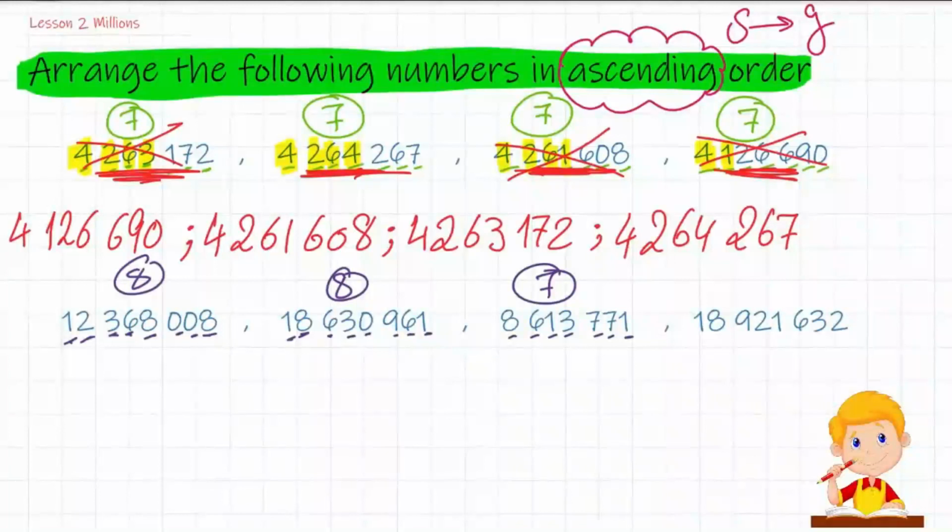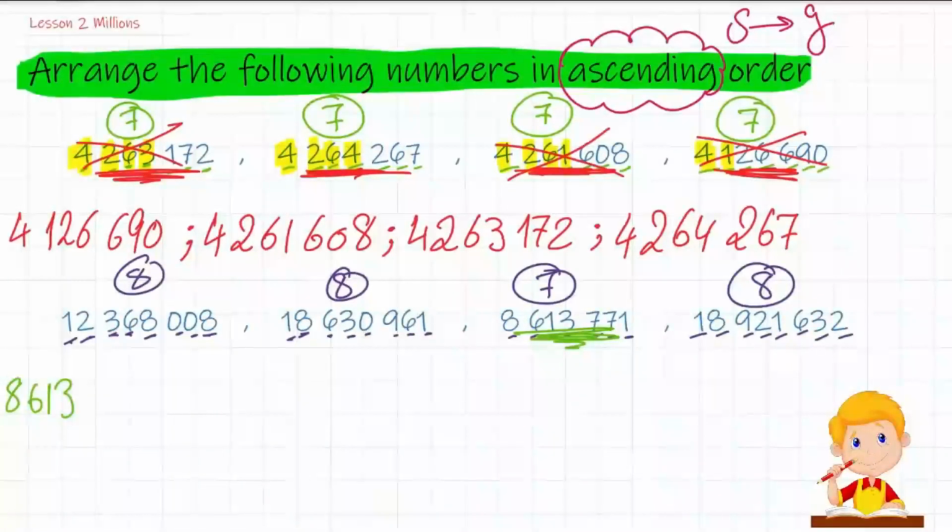Right up here, we have 1, 2, 3, 4, 5, 6, 7, 8. A number with 7 digits. So it will be the smallest number. So let's write it first. We have 8,613,771. Let's cancel it out.